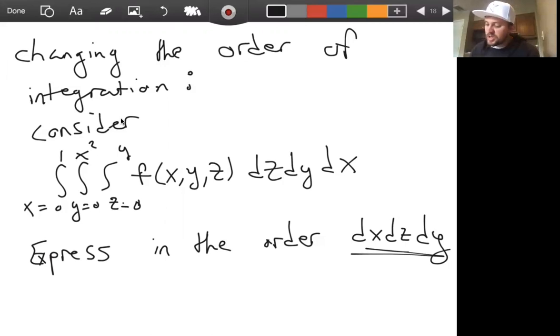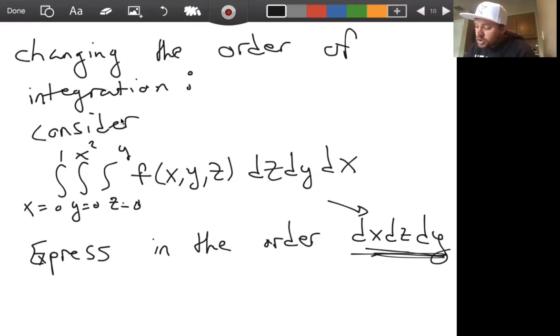Because depending on the function, imagine this function is relatively complicated in the order dz, dy, dx, but if you integrate in the order dx, dz, dy, you get some really nice cancellation, or the integrals become much more manageable. And so then it's much more user-friendly to switch to, the work comes from converting to this order versus really difficult integration techniques.